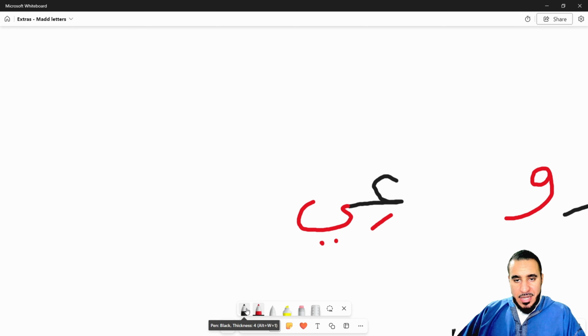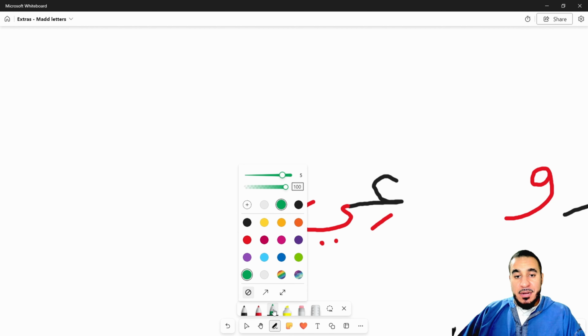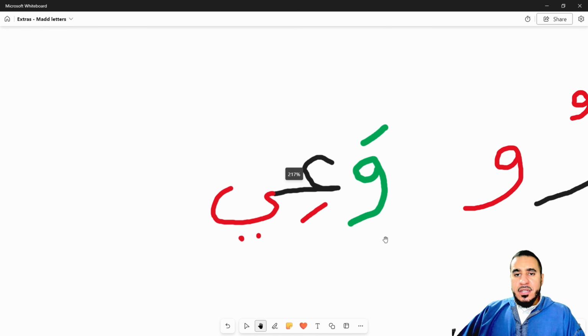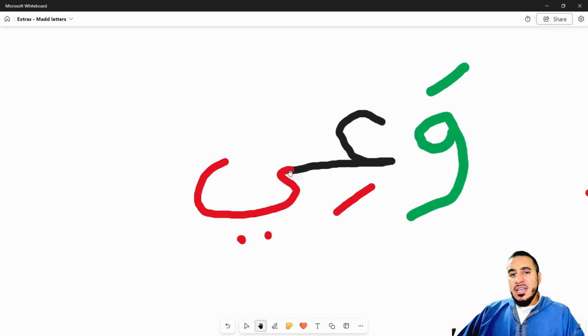And just to emphasize what I was just mentioning about it not needing to come at the start of a word, if, for example, we put a waw at the start of this, okay? Then we can see that the ya is still elongating the kasra sound in this ayn, but rather, we've just had the waw at the beginning.